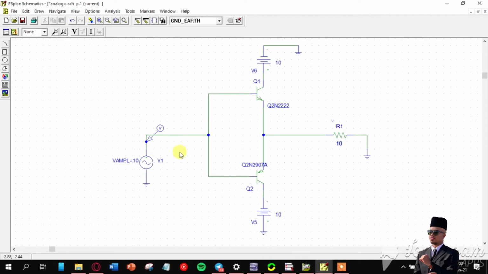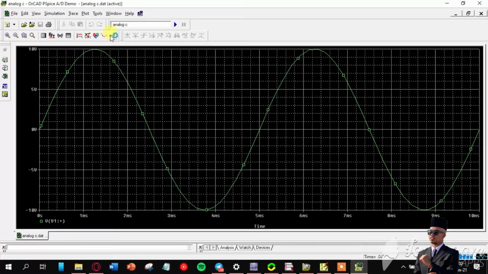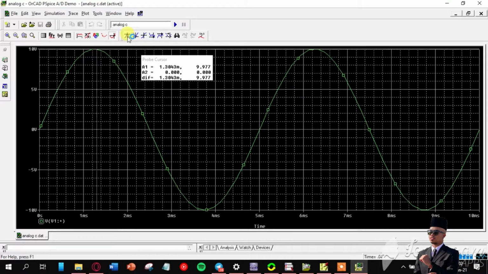Hello, now we proceed to the circuit simulation. We are using PSpice to build this Class B power amplifier circuit. As you can see, we are using a 10 volt AC supply, 10 volt VCC, and 10 ohm RL. This is the voltage input, 9.97 volts.